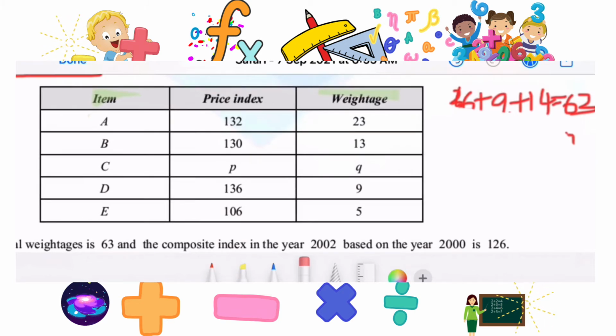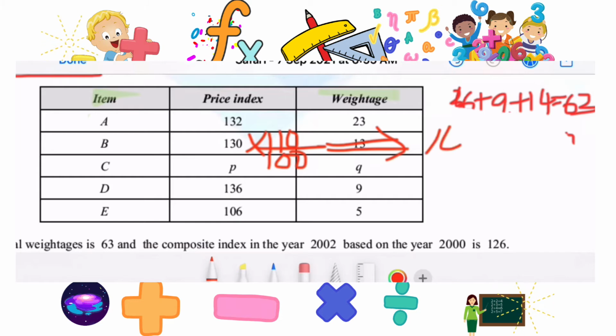For B, because it increased by 10%, it will become 130 times 110%. So we will get the answer 143. For D, it will decrease.